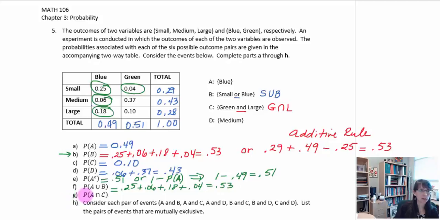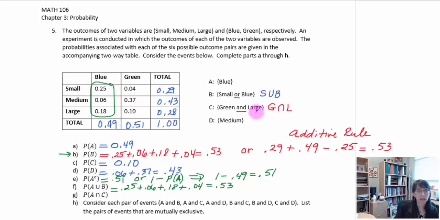Part G is looking for the probability of A intersecting C. So let's erase and start fresh. Probability of A means blue. So here are all the probabilities involved with the event blue.